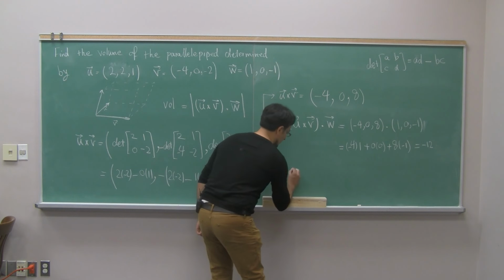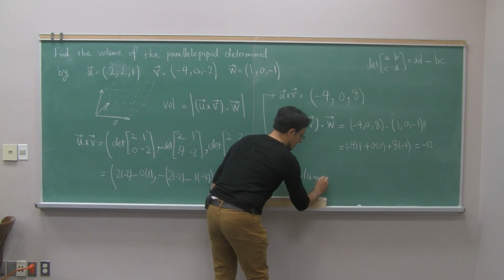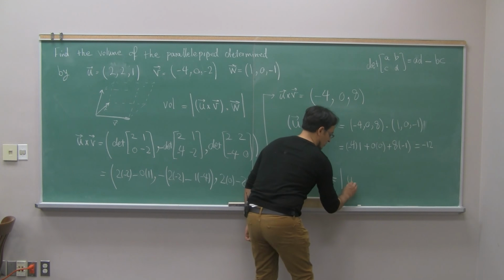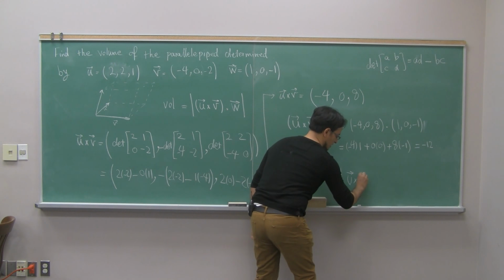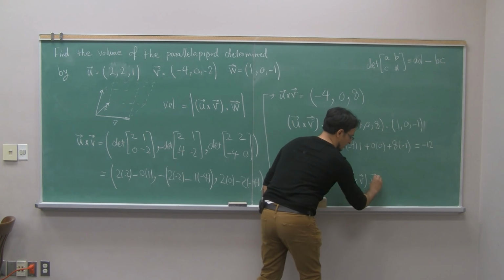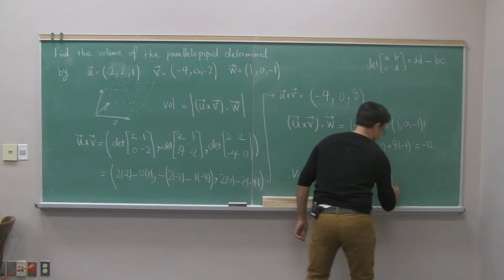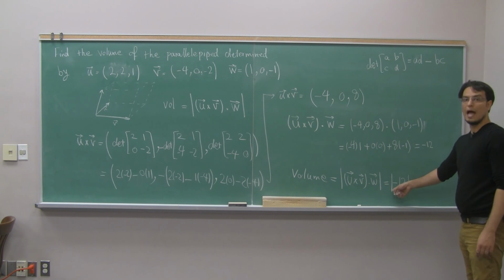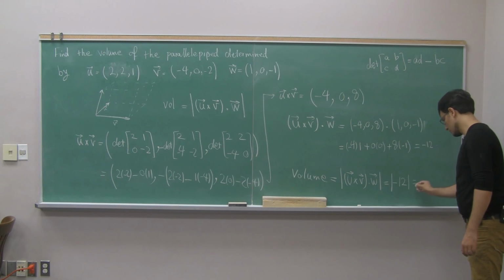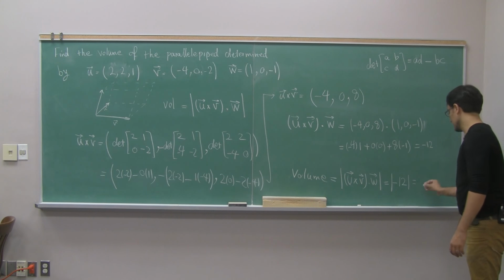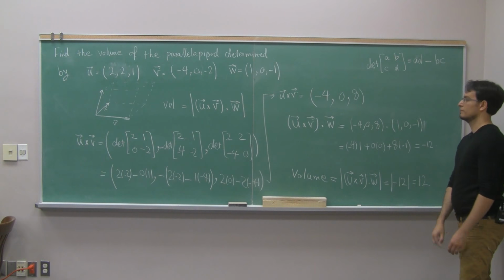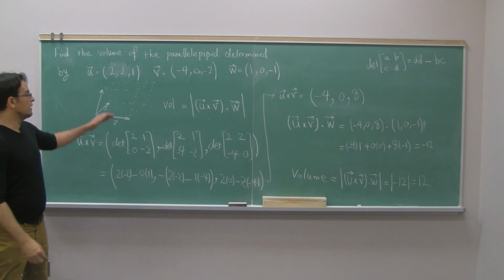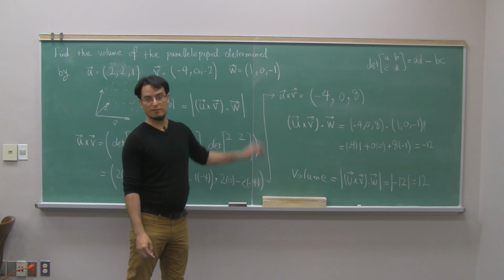So now the volume of that parallelepiped is the absolute value of U cross V dot W. And we know that number is negative 12. The absolute value of negative 12, drop the negative sign, gives 12. So that's the volume of the parallelepiped determined by these three given vectors.